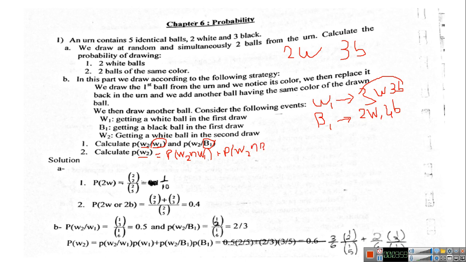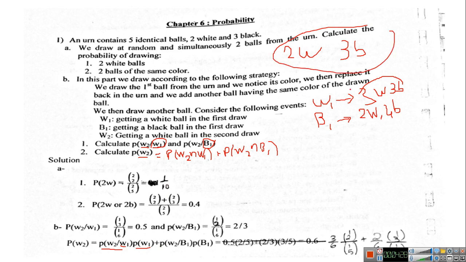And we know P of W2 intersecting W1 is P of W2 knowing W1 times P of W1, plus P of W2 knowing B1 times P of B1. Here I already have it. We calculate it: 1 over 10. P of W1, what is the probability in the first draw to get a white?